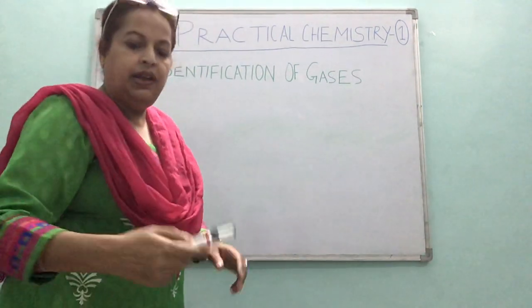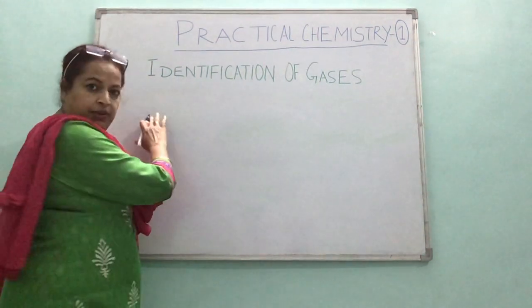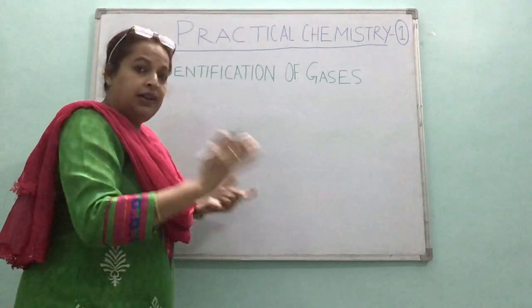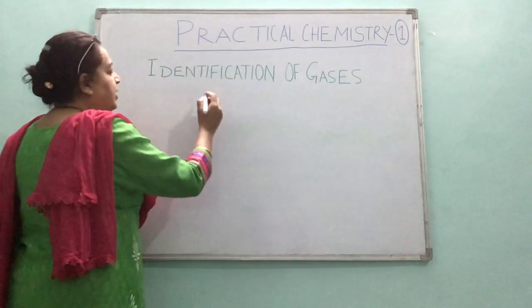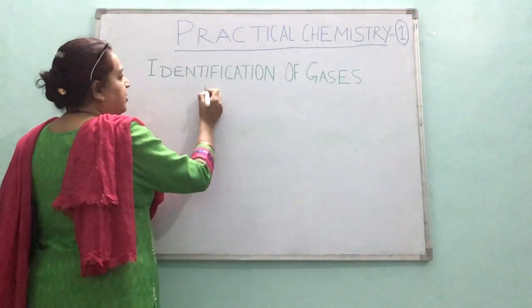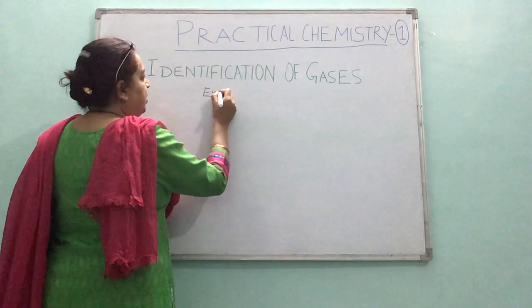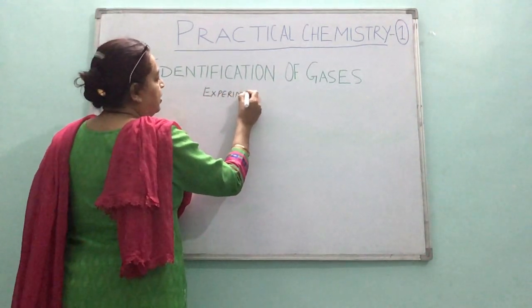Now in your notebook, in your lab manual, the date would be written. Write today's date, or the date when you are seeing this video, when it is uploaded. Then the heading would be written underneath the margin, on the first line: Experiment number 1, in bold block letters.